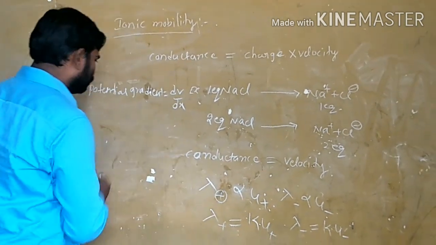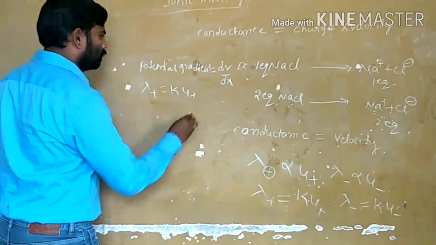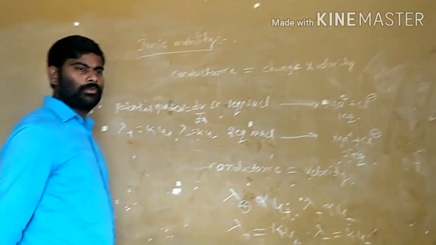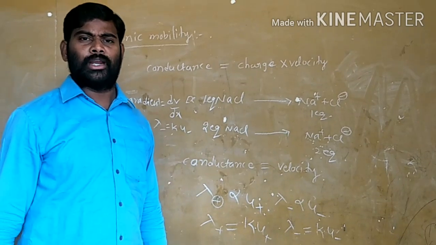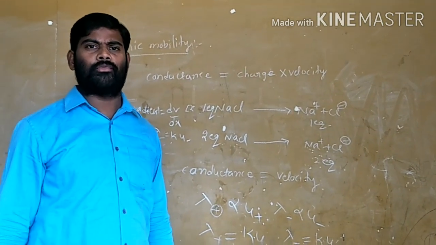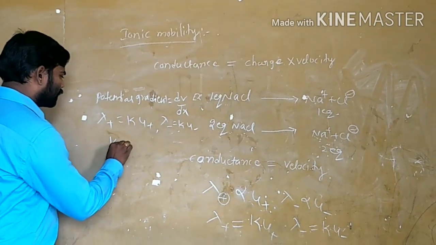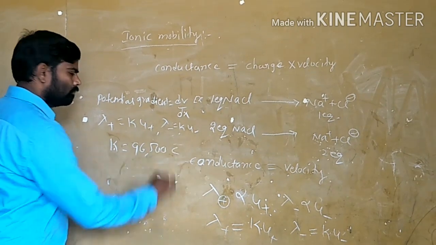Here, lambda plus is equal to k into u plus, and lambda minus is equal to k into u minus. If one equivalent of electrolyte under the potential gradient carries a charge of 1 Faraday, then k is equal to 1 Faraday, which is 96,500 coulombs.